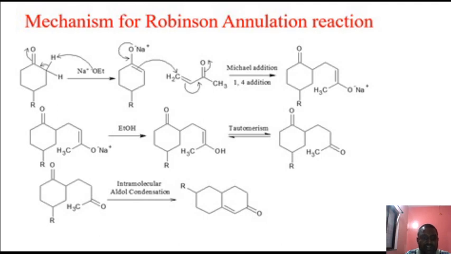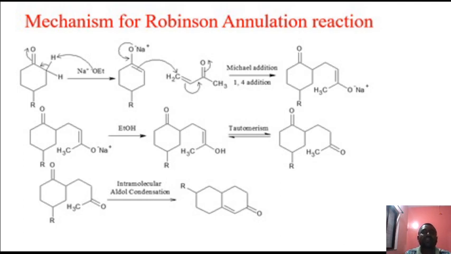This CH2 minus Na plus attacks at carbonyl carbon of cyclic ring. There is formation of 6-membered ring. There is formation of beta hydroxy ketone. This readily undergoes dehydration and we get bicyclic ketone.